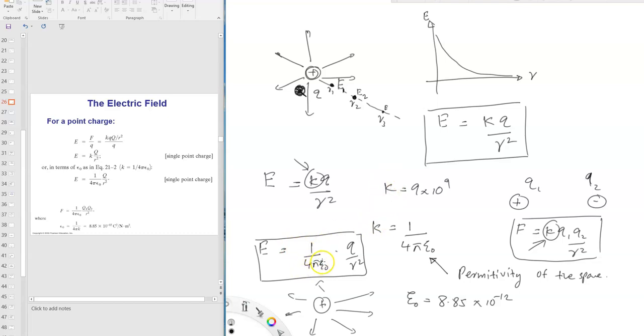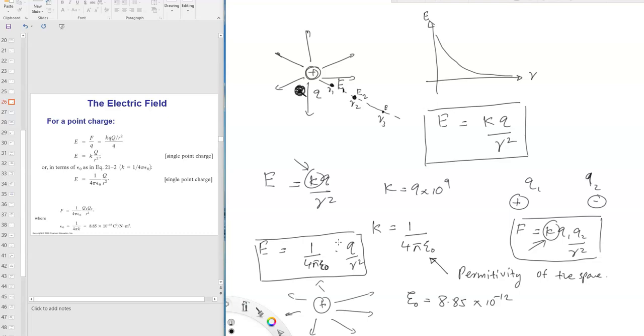This has more applications. In many calculations, this 4 pi term cancels out. That's the advantage. Yeah, so that's the idea. If it is a point charge, this is how we calculate the electric field.